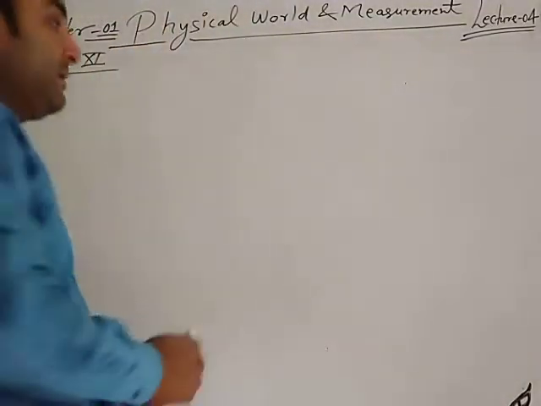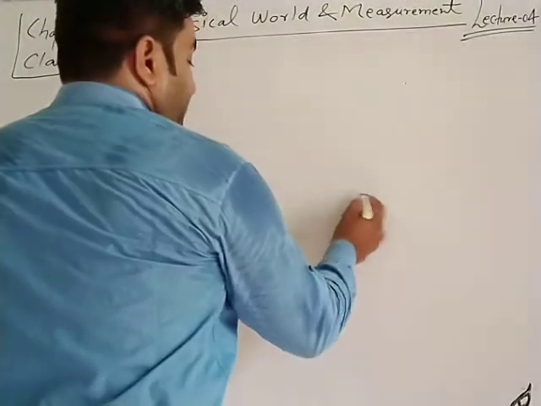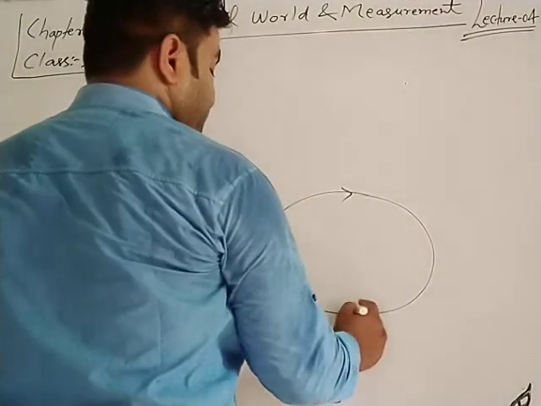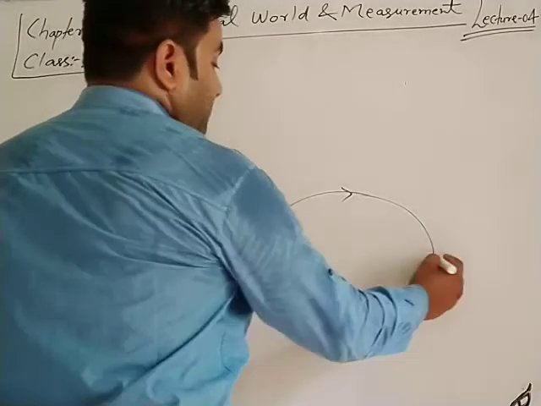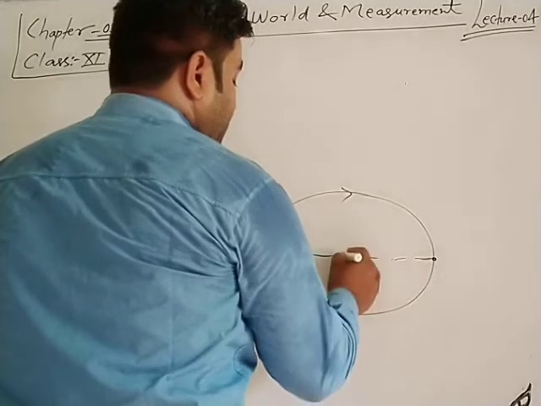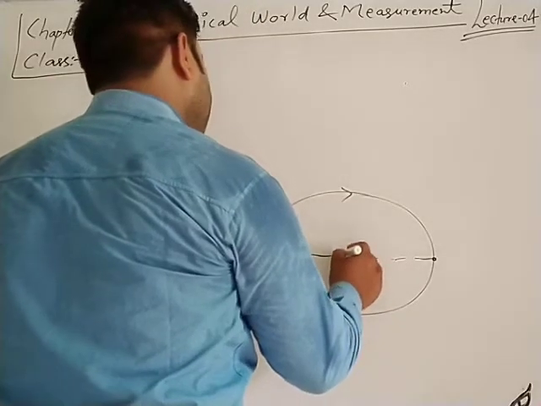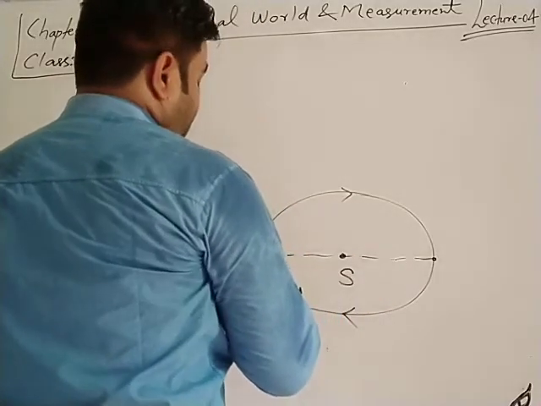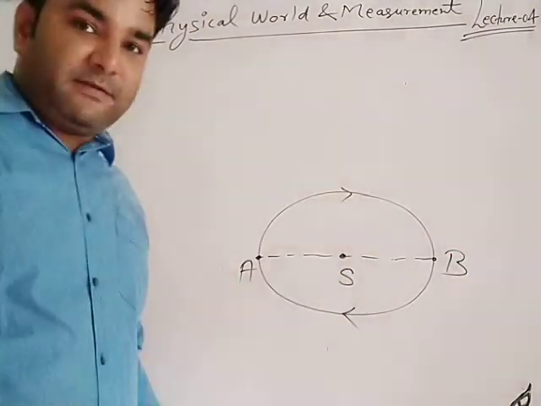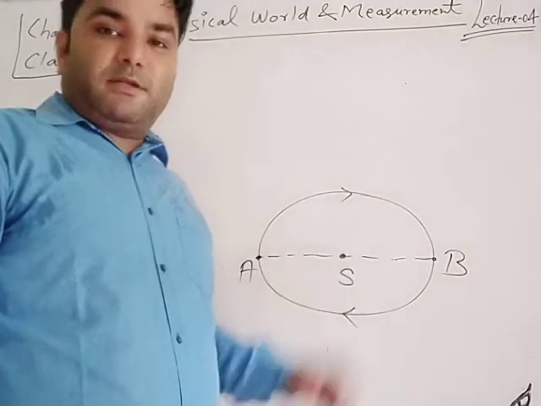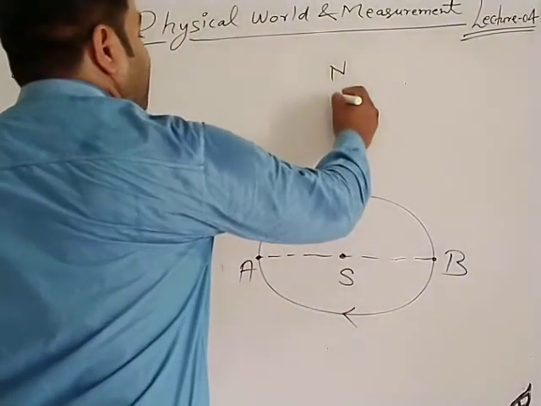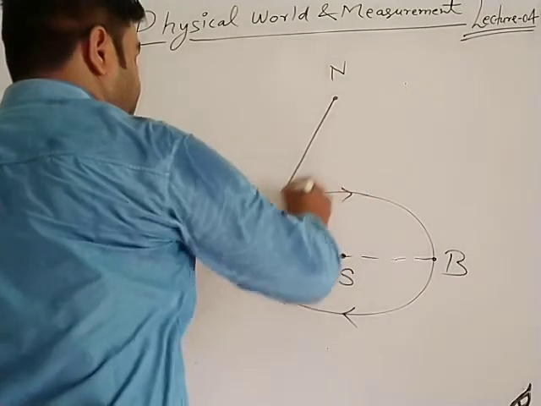You see, suppose this is the rotational condition of the earth around the sun, and here the sun lies at the major axis. Here A and B are the extreme diametrical positions of the earth, and we have to calculate the nearby star distance.